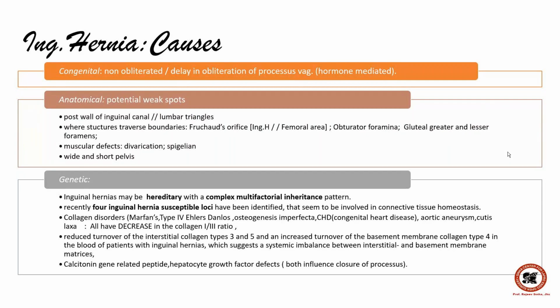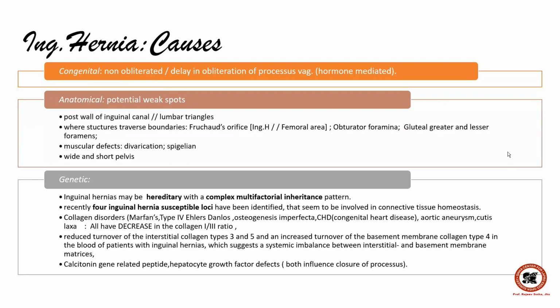And they are indirectly related by connective tissue homeostasis, and that's why we find that inguinal hernia is more common in collagen disorders. We already referred to the last time the Marfan syndrome, the Ehlers-Danlos syndrome, osteogenesis imperfecta, congenital heart disease, aortic aneurysm, and so on and so forth.